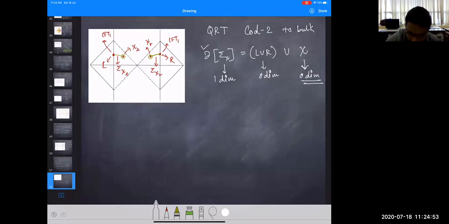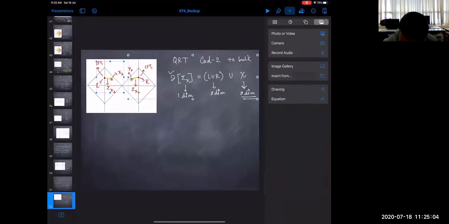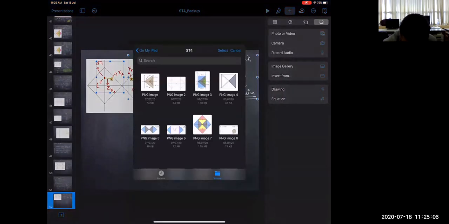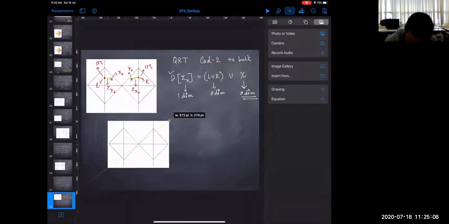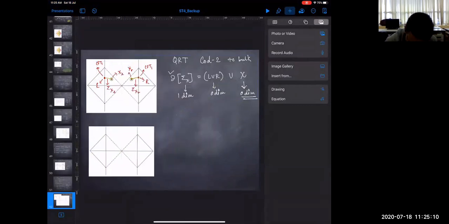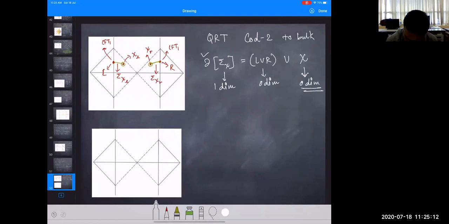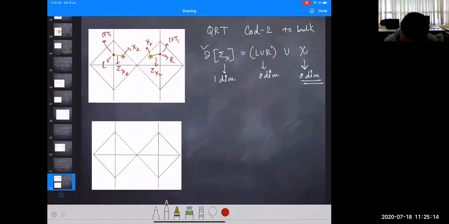Okay, but there's one more kind of extremal surface which is generally always available, which I'll just add here. Okay, which is this. So let's just consider the homology constraint first.